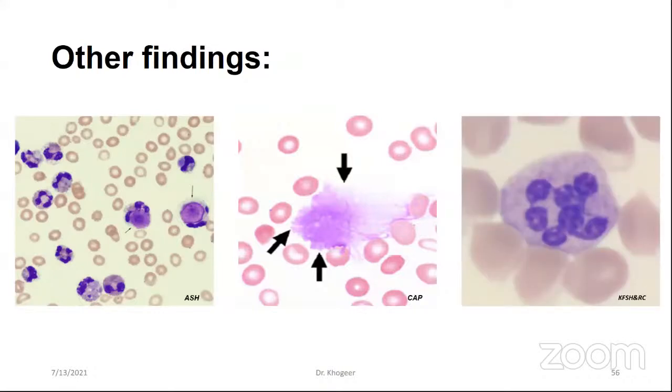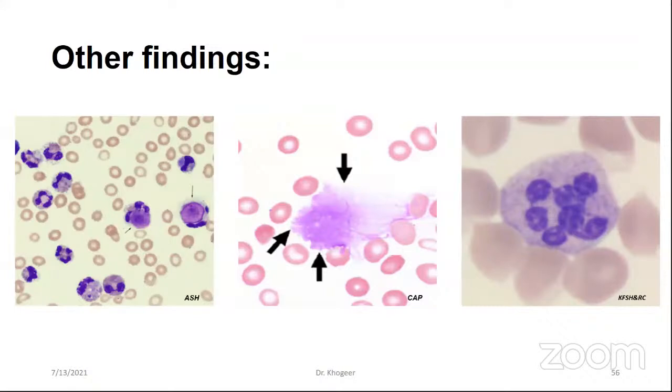Okay. What are these cells? It's simple. Any guess? Hypersegmented neutrophil. Yes. Remember, normal neutrophils have an average of 3 lobes and always fewer than 5 lobes.